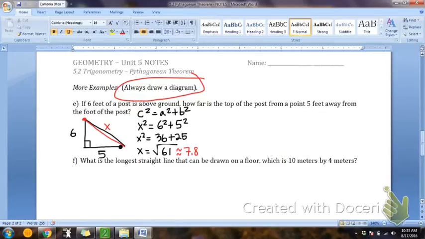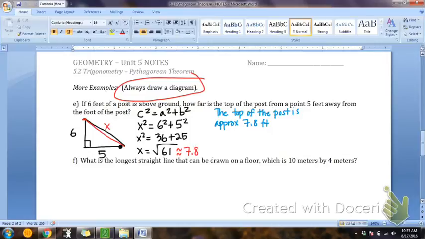And everyone is going to do this. I get that this is not English class, but this is part of your geometry education. The top of the post is approximately 7.8 feet from what?